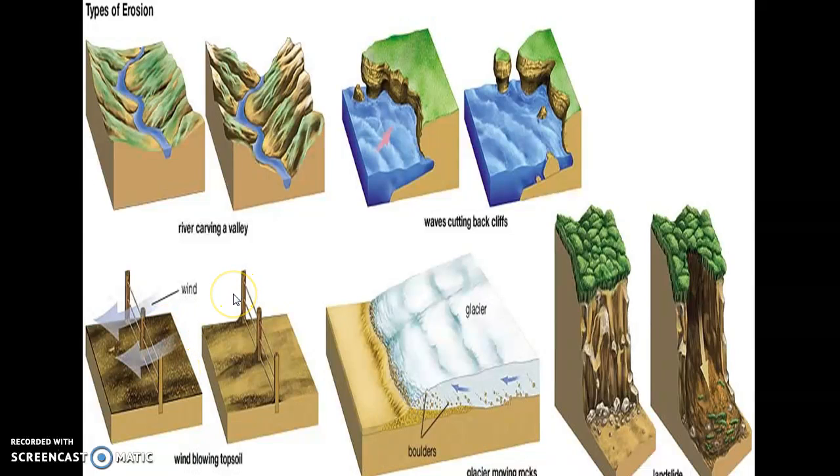We'll talk about the Dust Bowl a little bit later, but if you plow up land and there's a great drought taking place, then you're going to have a big time loss of topsoil. And then here's nature's bulldozer again, the glacier. Okay, and then of course we have rock slides and things of that, and that would be a gravity example.